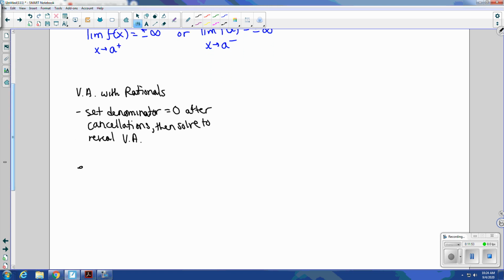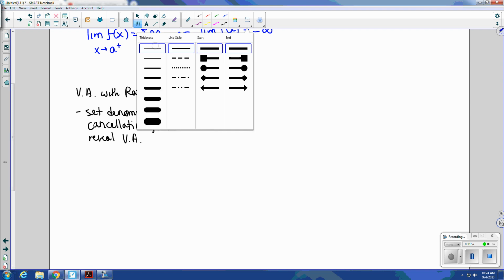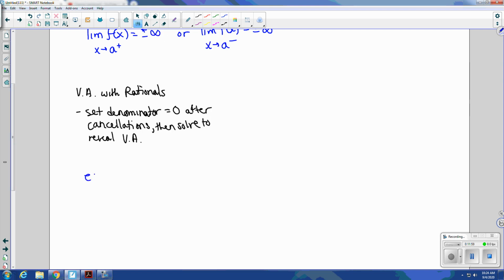So, example, I'll do it in blue. Maybe we have some expression like x minus 3 over x squared minus 9. So we have to set this equal to 0 after cancellations.